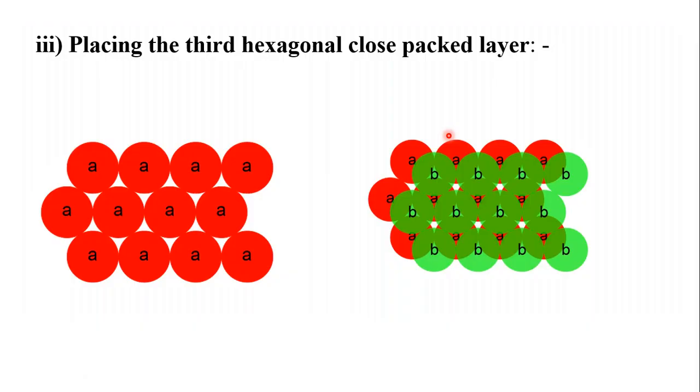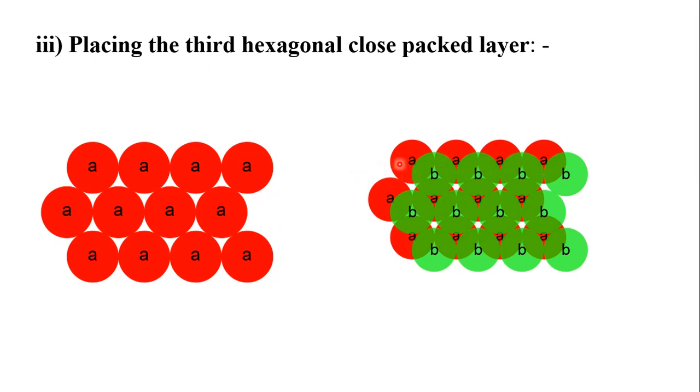In the stacking of two hexagonal close packed layers, these are the two hexagonal close packed layers, red colored spheres and green colored spheres.